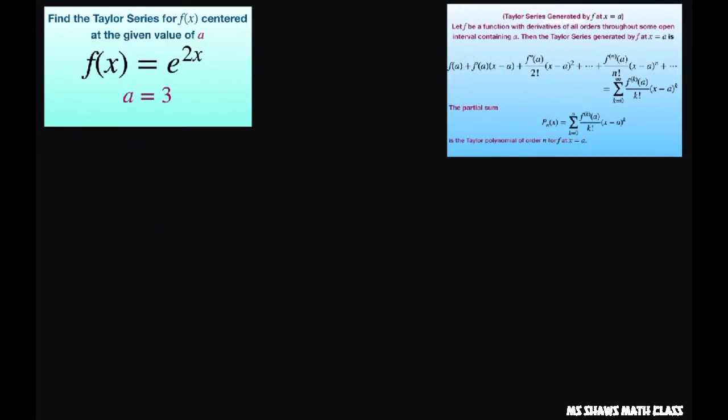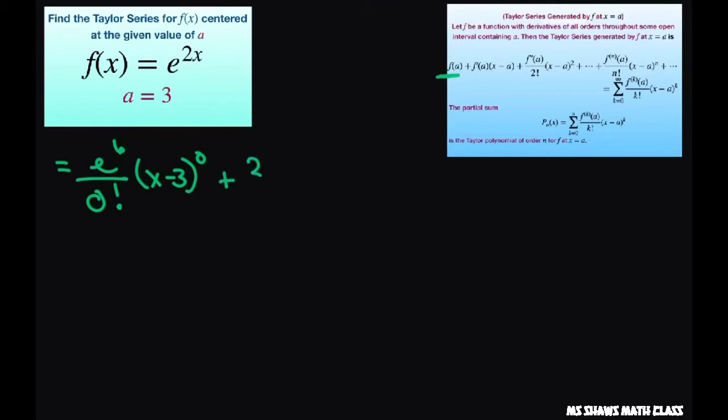So we're going to get e to the power of 6 divided by 0 factorial times x minus 3 to the power of 0. It's not written there, but that's what it would be.